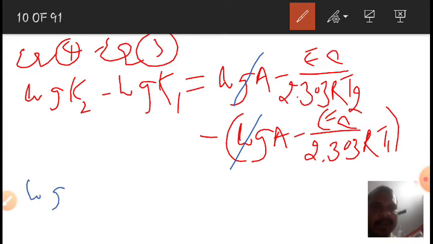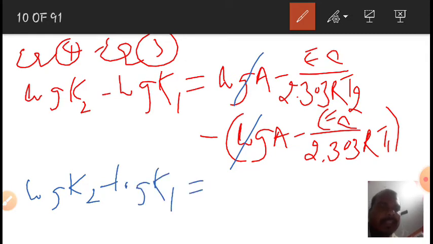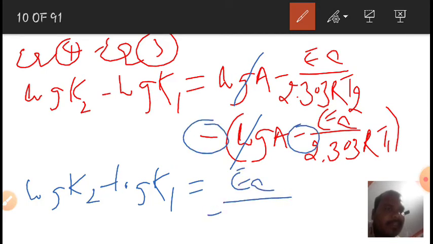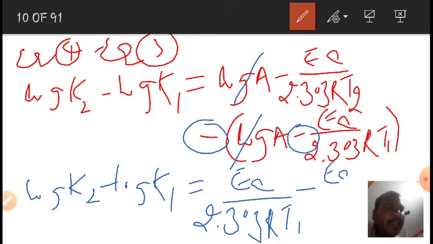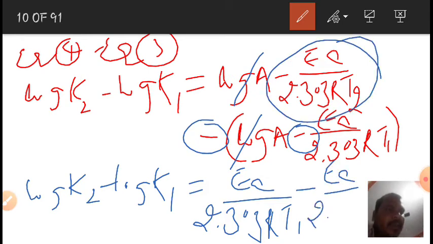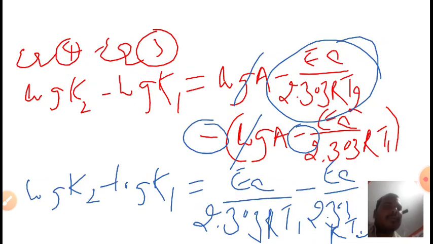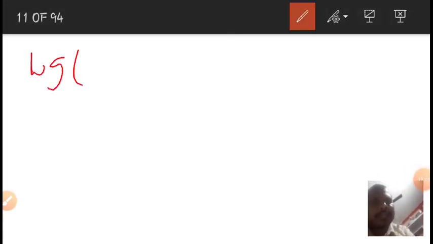The remaining equation is log K2 minus log K1 is equal to, minus into minus plus, so Ea by 2.303 RT1 minus Ea by 2.303 RT2. Now log K2 minus log K1 will be log of K2 by K1.